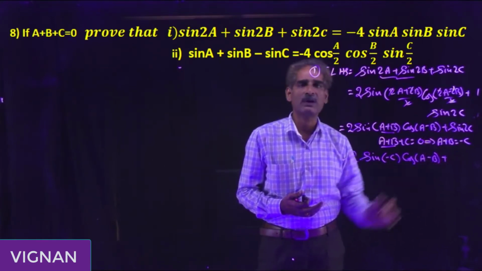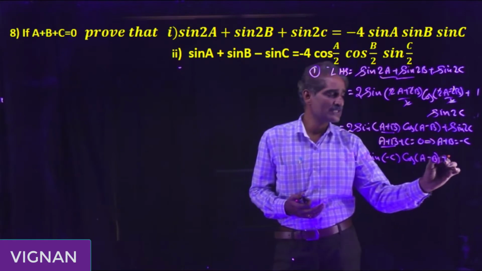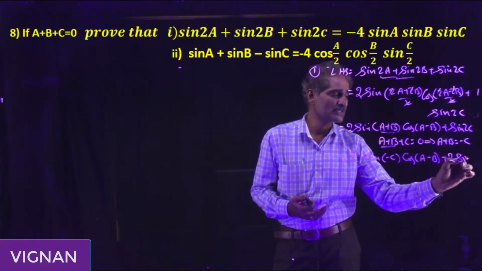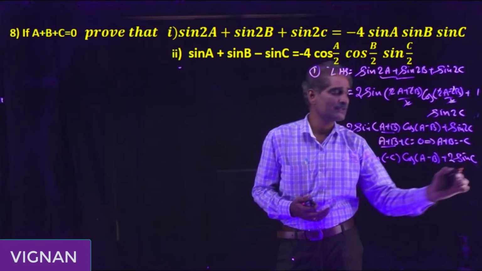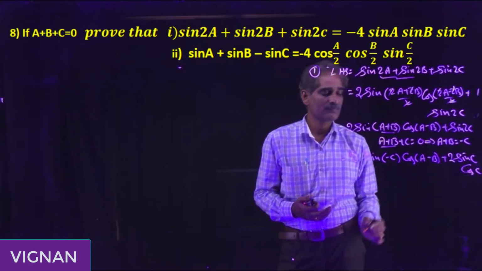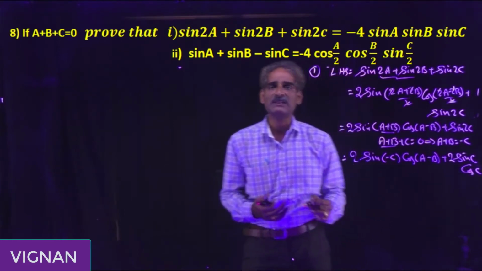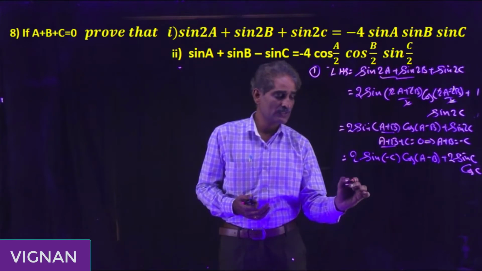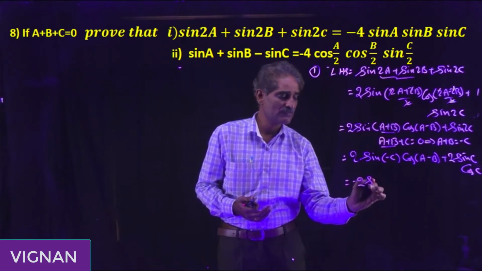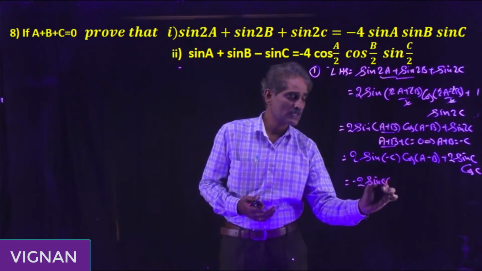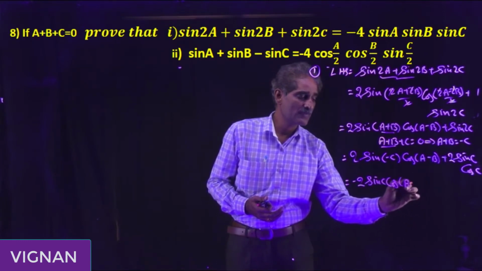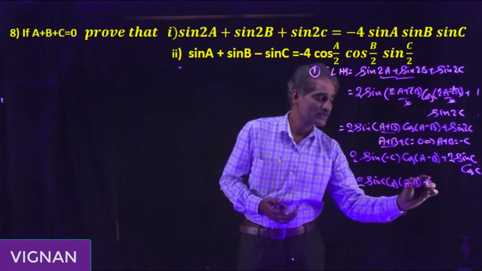So write down the formula of sin 2c: 2 sin c cos c. Sin of minus c is nothing but minus sin c. So here we can write minus 2 sin c cos of a minus b plus 2 sin c cos c.